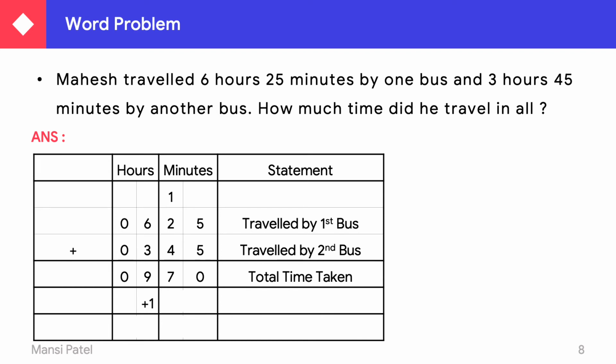Is it possible that in 1 hour 70 minutes are there? No, it is not possible. So what do you have to do? You have to subtract 60 minutes. And this 60 minutes is known as 1 hour.